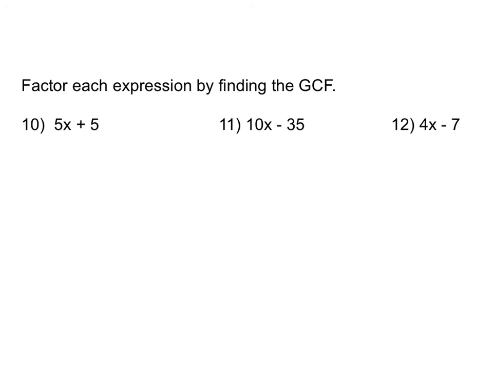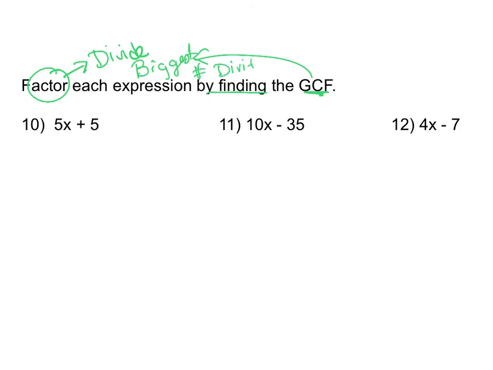All right, to factor each expression by finding the GCF, okay? To factor means to divide or get out that number, the biggest number. So the GCF is the biggest, or largest, or greatest number that you can divide by or pull out, right?